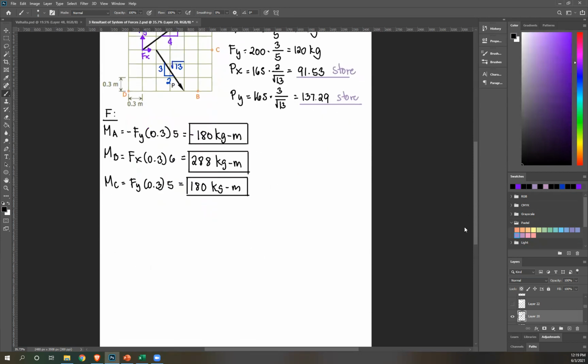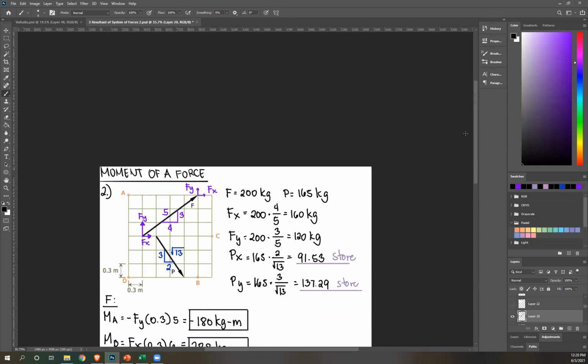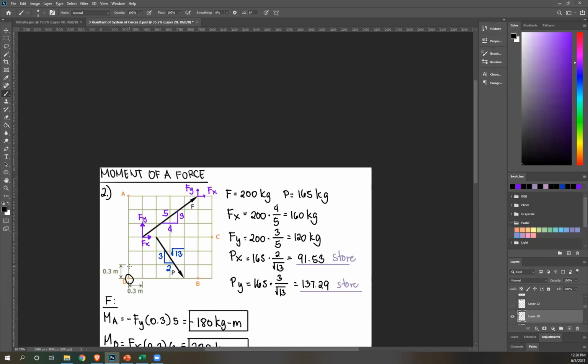And then lastly, we have MD. Now check. This is your point D. There isn't a position where you can easily compute for the moment. Why? If I extend this line of action, and let's say I put the component there, we can do that because then you have to figure out this distance because it's not directly on a point or on an intersection of the matrix.